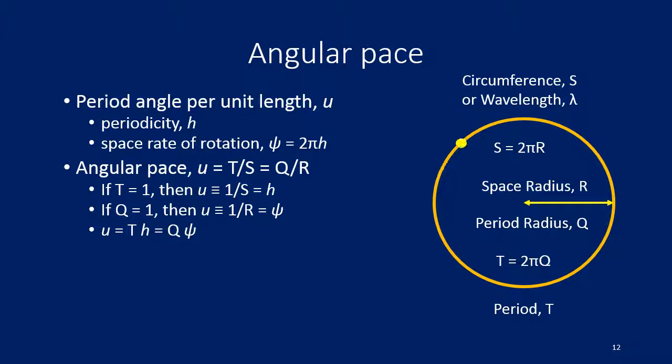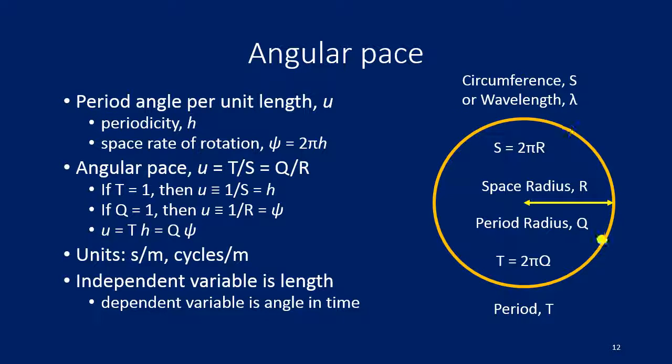Now if the period is set equal to 1, then the angular pace is equal to the periodicity h. Or if the period radius q is equal to 1, then the angular pace is equal to psi, the space rate of rotation, so that u equals th and equals q psi. The units are seconds per meter or cycles per meter. And the independent variable here is length, so that the dependent variable is an angle in time.